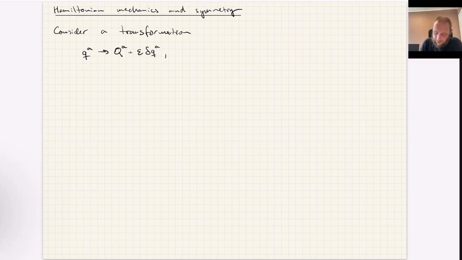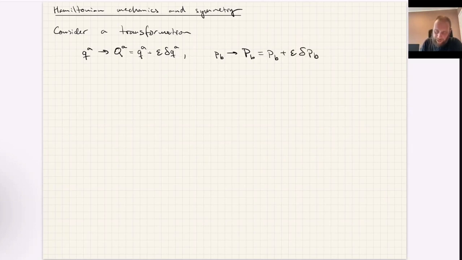And at the same time, the momenta go to new momenta PB, which are equal to the old canonical momenta plus some infinitesimal addition delta PB.